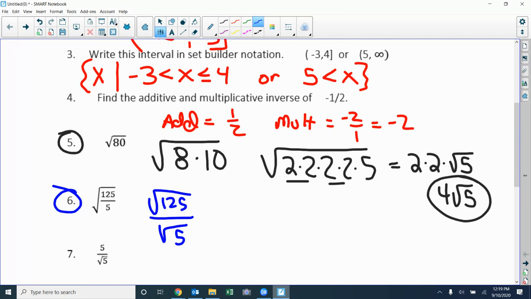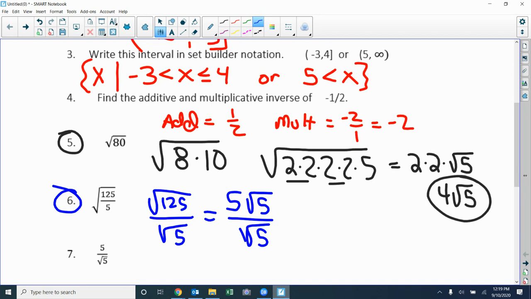It's 25 times 5. So up top is gonna be 5 square roots of 5, I still have the square root of 5 underneath. Now I'll stop there, is everybody okay with 125 being 5 square roots of 5? That's 25 times 5, the 25 is the perfect square. We did a bunch of those, we did a Kahoot with them, didn't we?